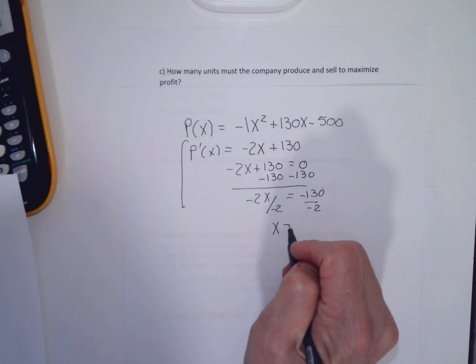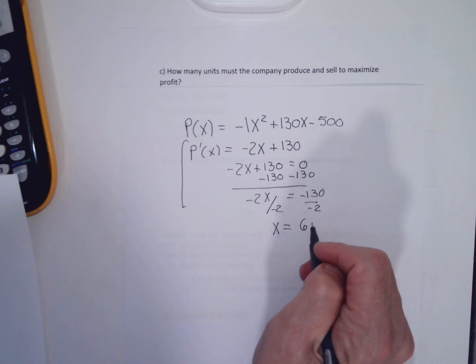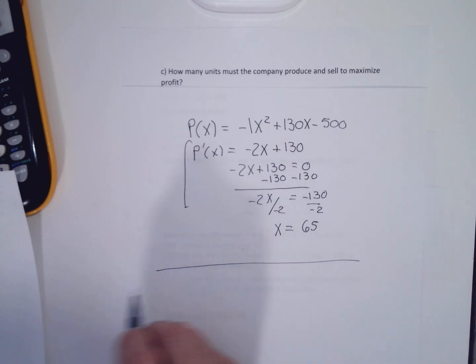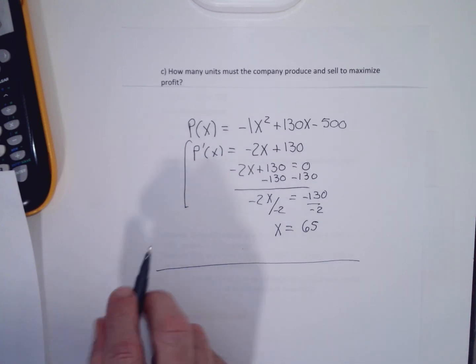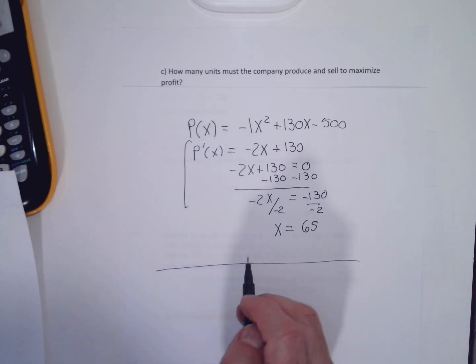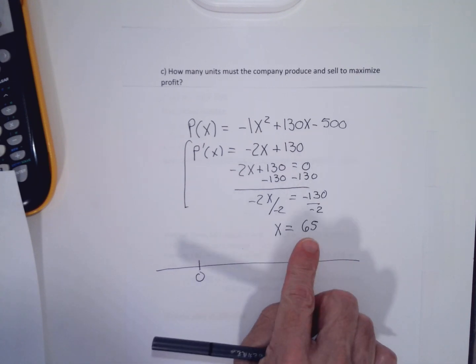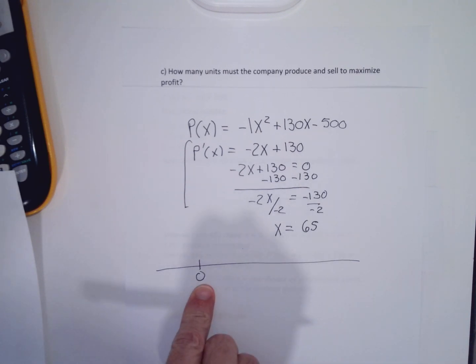This gives me x equals 65. Let me create a number line with, instead of negative infinity on the left edge, 0 on the left edge, because the number line represents the number of units of product that the company needs to produce, and it can't do less than 0. It probably can't even do infinitely many.